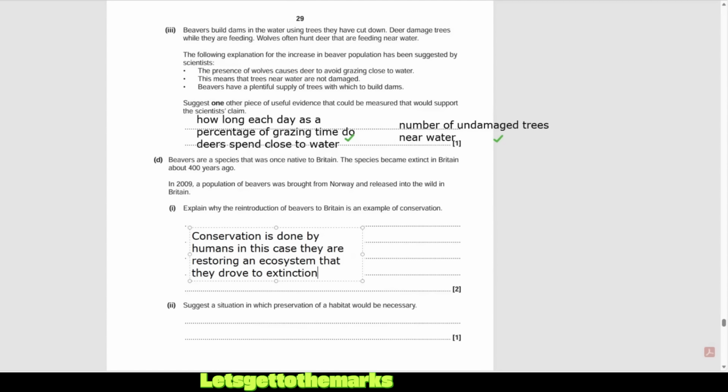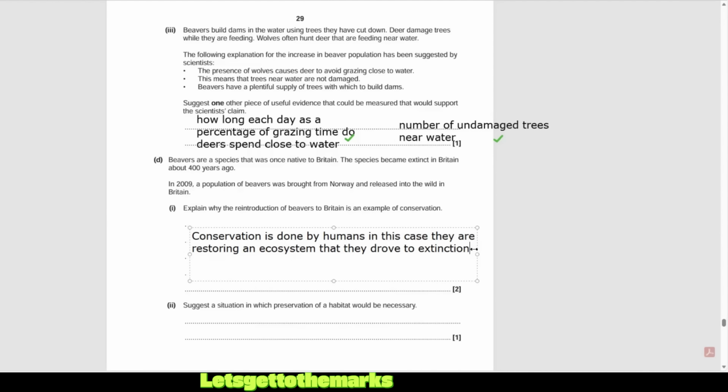So the humans are repairing something that they did. They're restoring the population of beavers that they drove to extinction. Okay, so they're restoring the ecosystem to its original state.